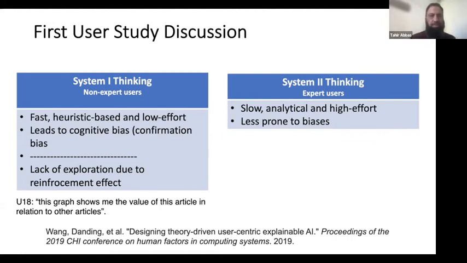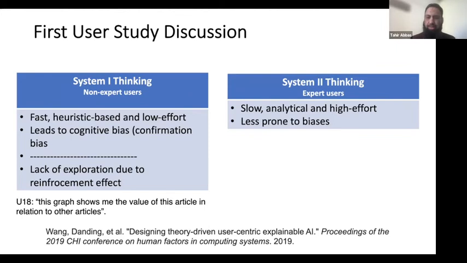The first reason they provided is that, through their think aloud protocols and other logs that they analyzed, they concluded that the non-expert users were adopting a strategy known as system one thinking, or also called inductive reasoning, where it is fast, heuristic based, and low effort, but it leads to more errors. And it's also known as confirmation bias.